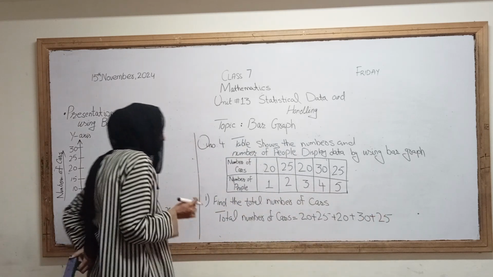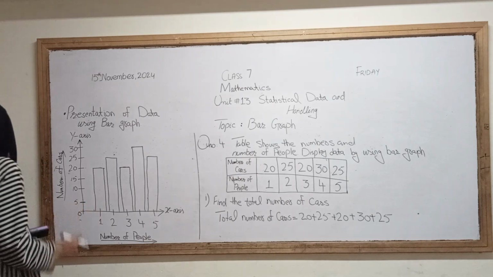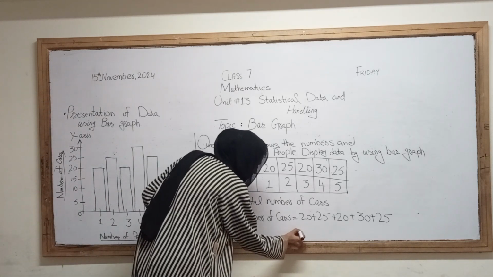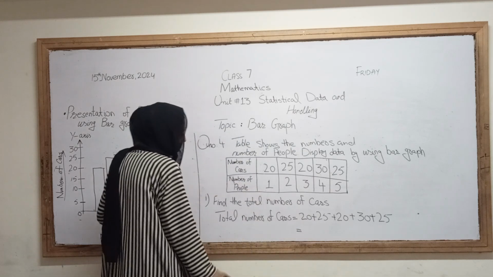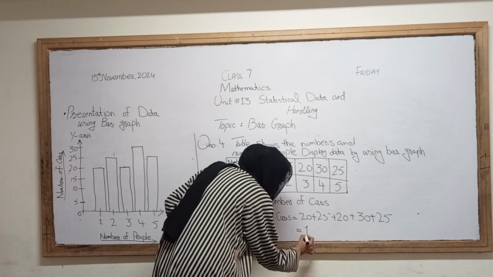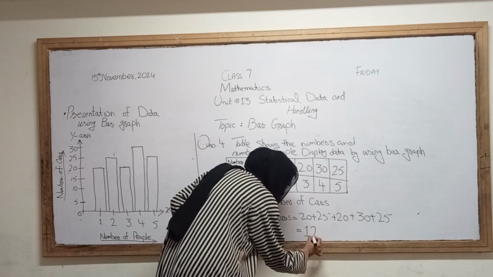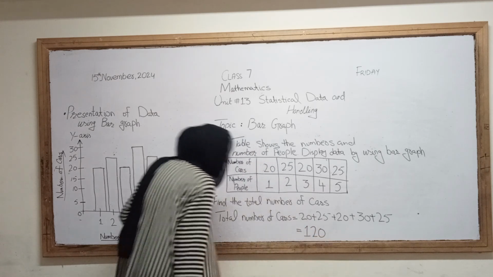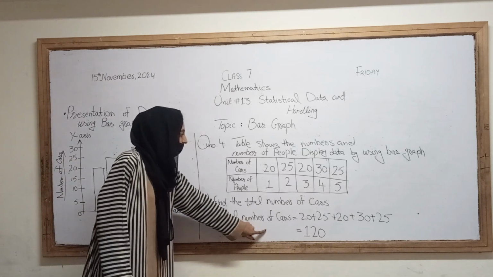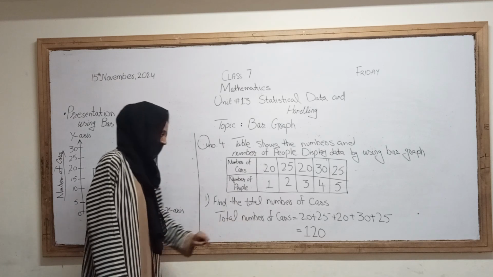Okay, now you have to add them. Yes, add them, and we get the answer 120. There are 120 cars at a traffic junction.